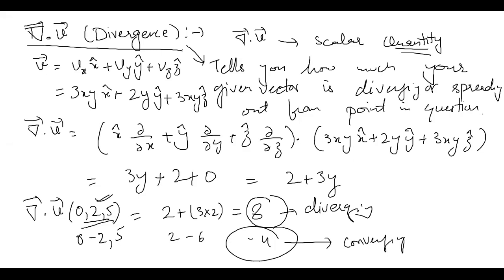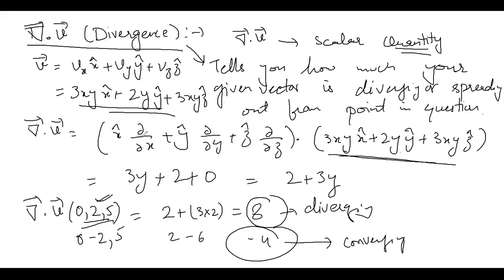Okay, ma'am. Here how you have written del dot V is equal to 3y plus 2 plus 0? क्योंकि I have taken one specific example. I said, let's say that your vector is represented by this function here. Ma'am, shouldn't it be 3xy plus 2y plus 3xy? No, it's a vector, right?